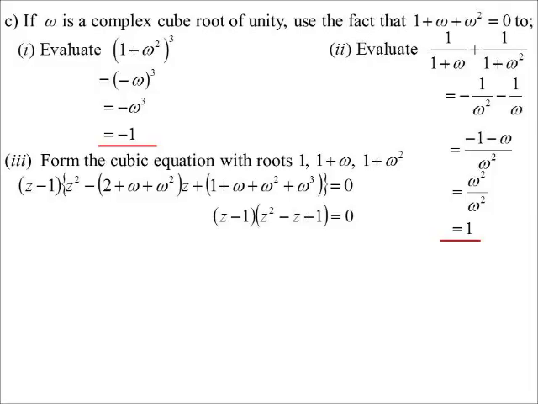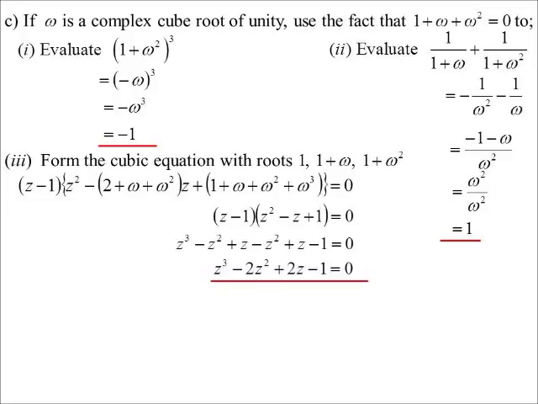And 1 plus omega squared plus omega cubed would leave me with omega cubed, and omega cubed is equal to 1. So there it is, z minus 1, z squared minus z plus 1. Well, if I expand that out, I'm starting to find a cubic equation there. We've got some z squareds that'll cancel. No, they add together. So z cubed minus 2z squared plus 2z minus 1.